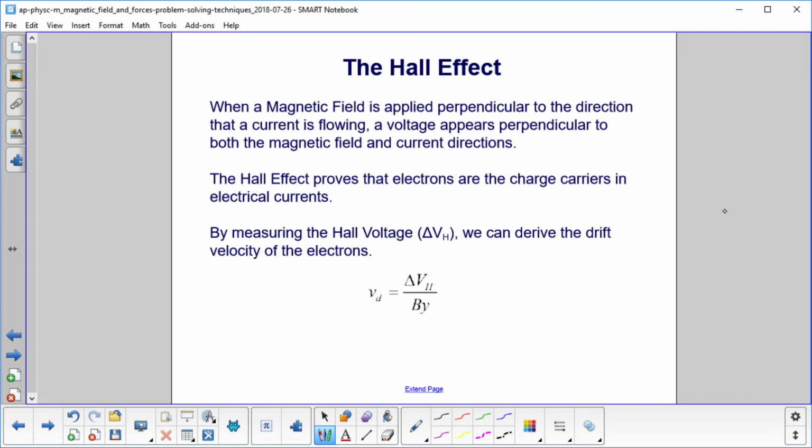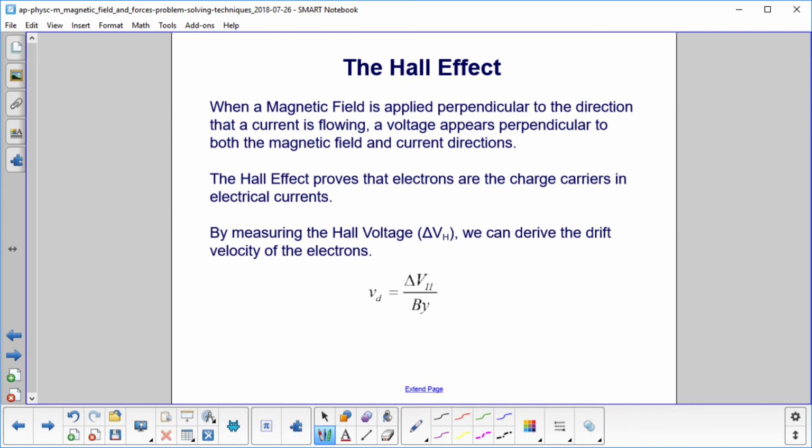When a magnetic field is applied perpendicular to the direction that a current is flowing in a circuit, a voltage appears perpendicular to both the magnetic field and current directions. This is called the Hall effect. The Hall effect also proves that electrons are the charge carriers in electrical circuits.